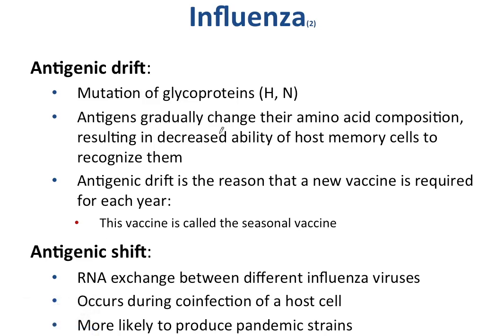So every year, the influenza is new. It's relatively new to the host, so that's why it causes a huge infection. So that's why every year we have to make a new vaccine. So why can it change its antigen?